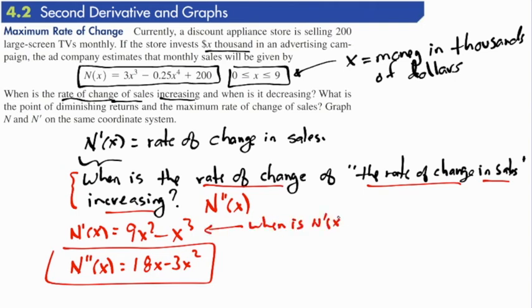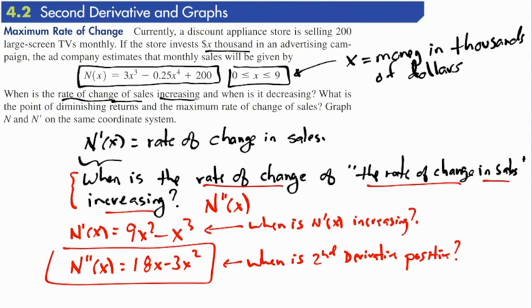When is n prime of x increasing? That means, when is the second derivative positive? So we're going to find our partition values. We're going to create our sign chart.